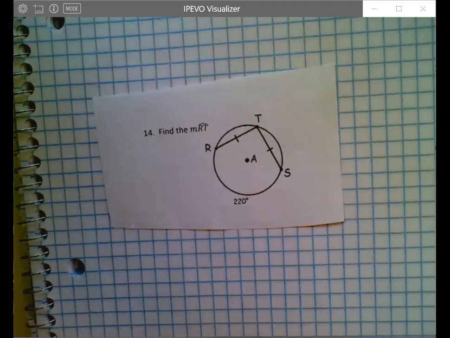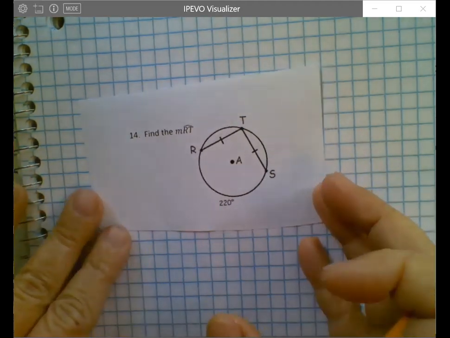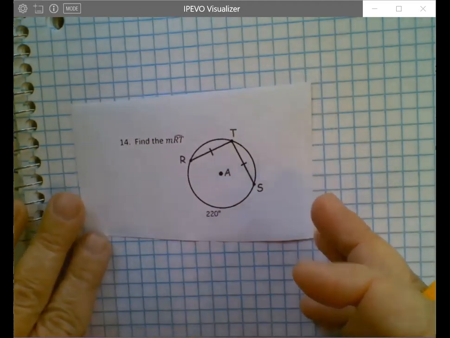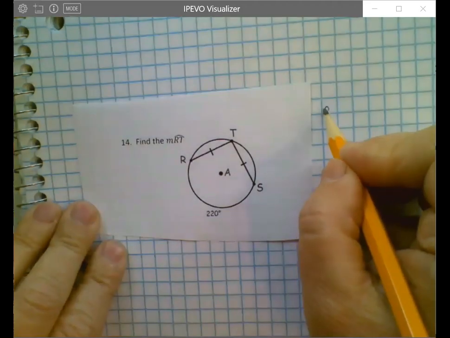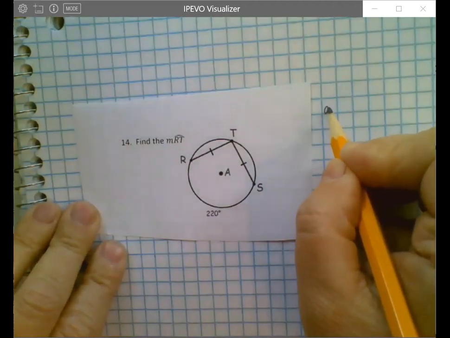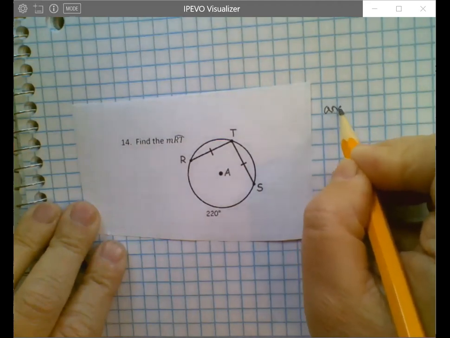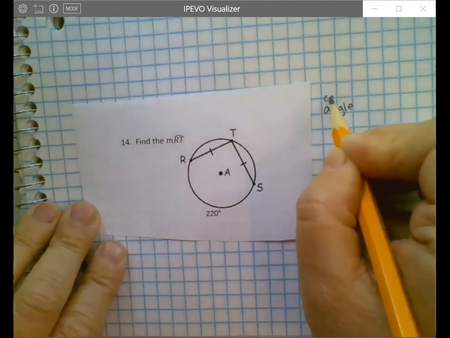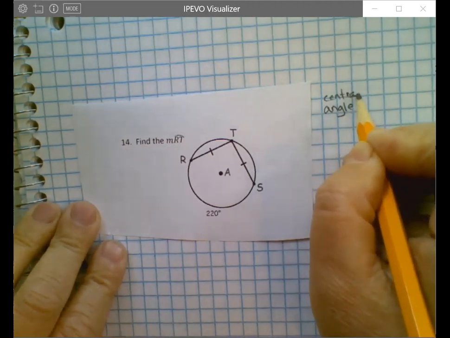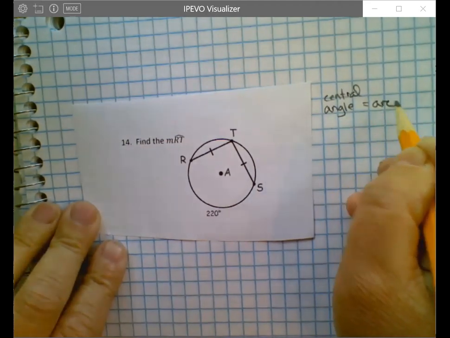All right, this video is going to continue on with the inscribed angles and central angles and all arcs adding up to 360. So those three ideas, again, are: if you have a central angle, it equals the arc.